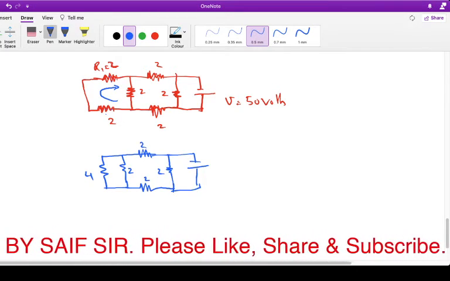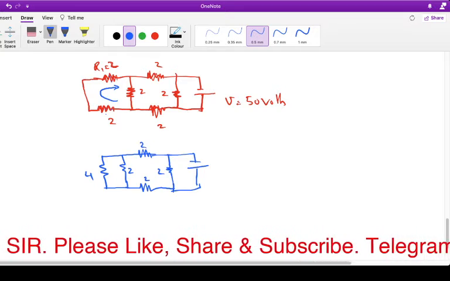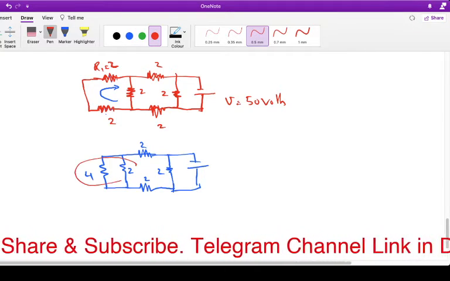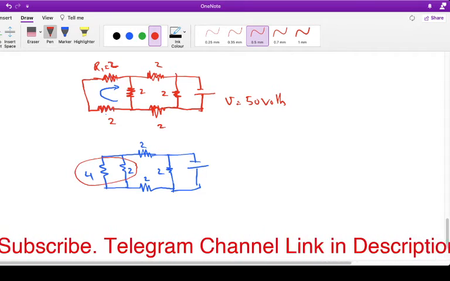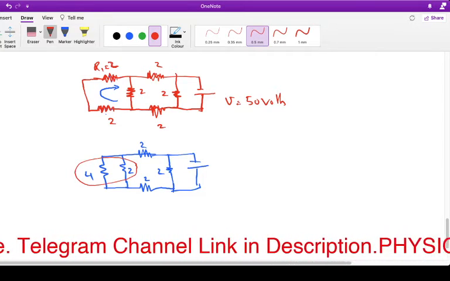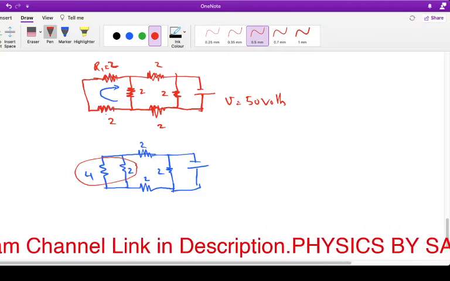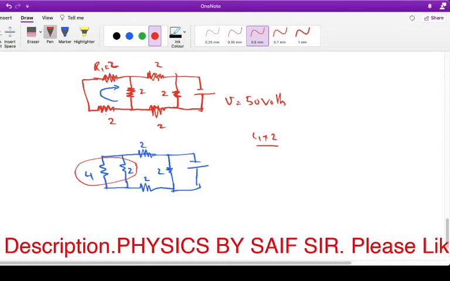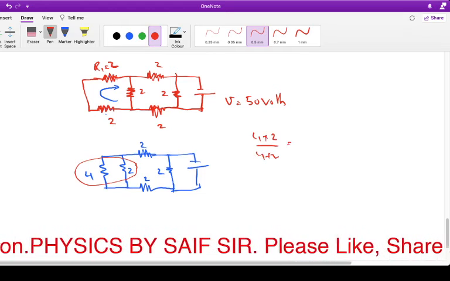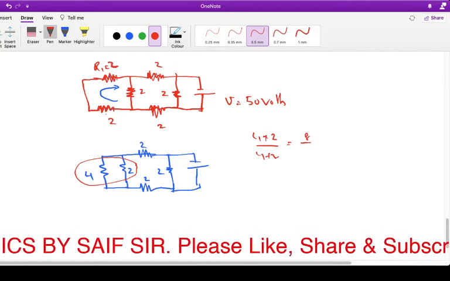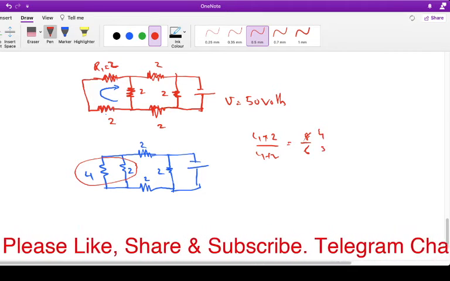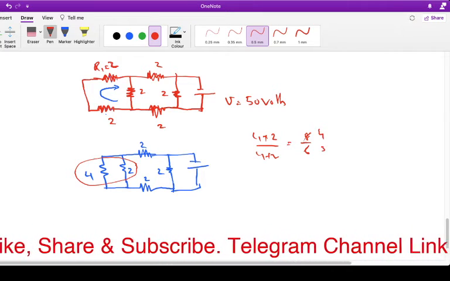Okay, now what we will do, we will solve both the resistances. Okay, they are in parallel combination. This will become 4 into 2 by 4 plus 2, which will be 8 by 6, 4 by 3.